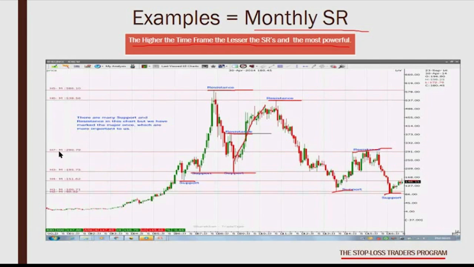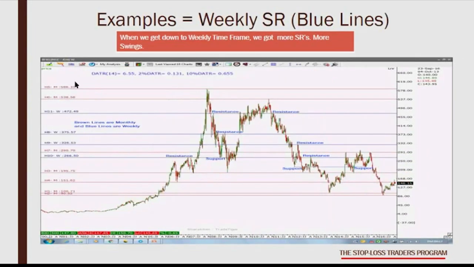All these things we will learn in the upcoming sessions. This is just what you need to know right now about SRs. The best chart for drawing SRs will always be the daily chart. I love to draw on a daily chart because it contains both higher time frame and lower time frame major SRs.